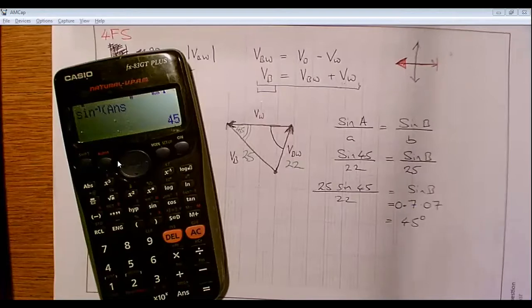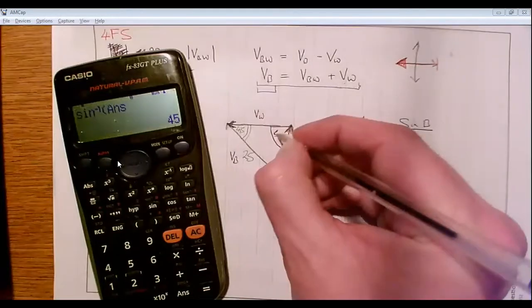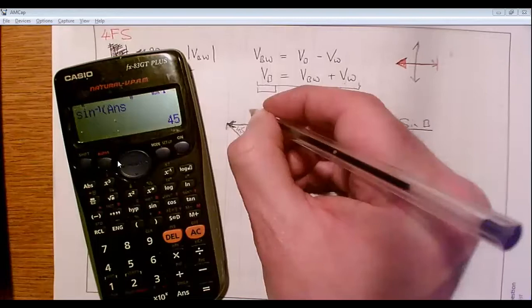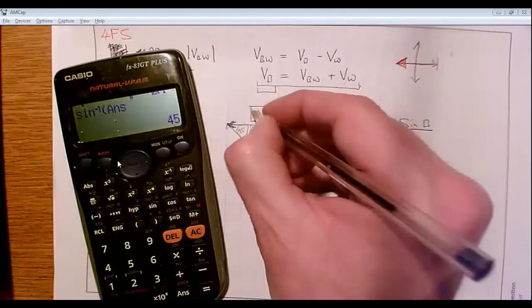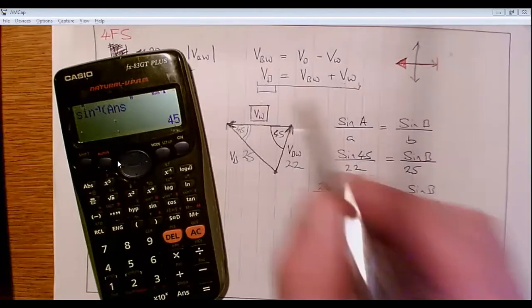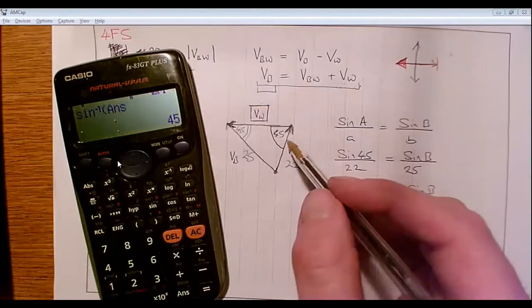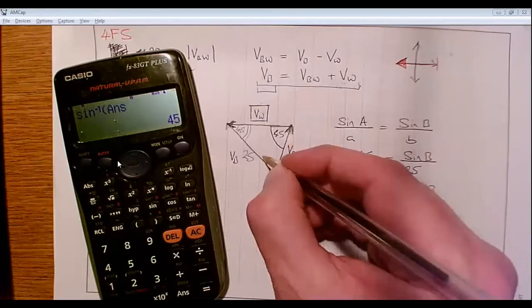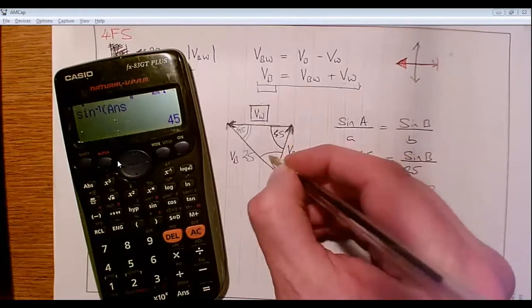So that wasn't the question. It said find out the velocity of the wind. And this is crucial, folks, I just have to highlight that again. Sometimes you can think you're finished, but actually we need to solve that. So what size is this angle? It's 90.